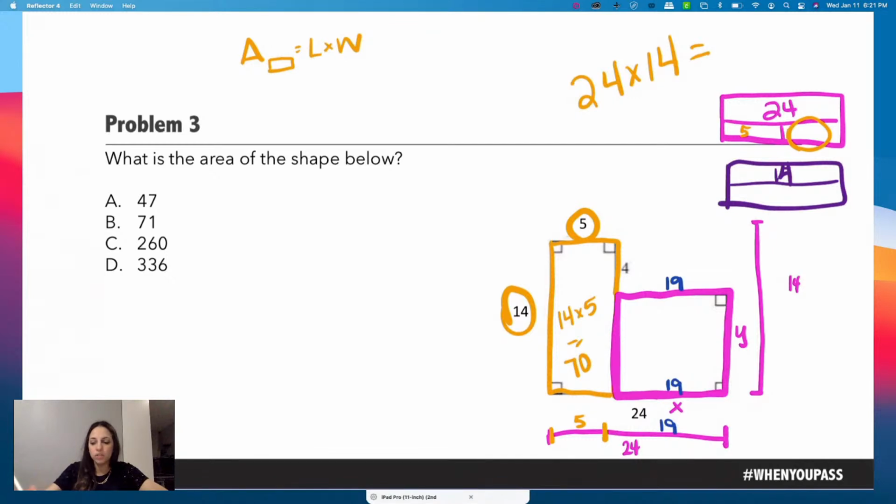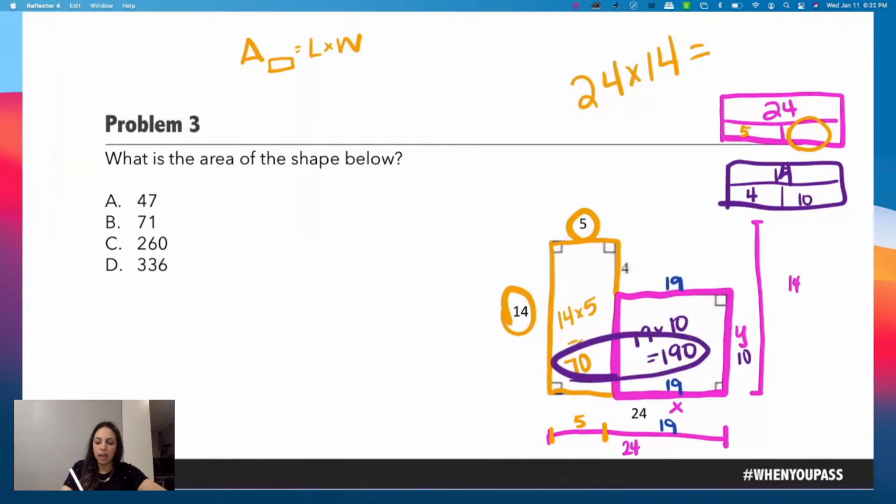So if my whole is 14, what is my part? My part is 4. So then 14 minus 4 is 10, which tells me that this is 10. 19 times 10 equals 190. And then I add those 2 values together. 190 plus 70 equals 260. Excellent job, Hope.